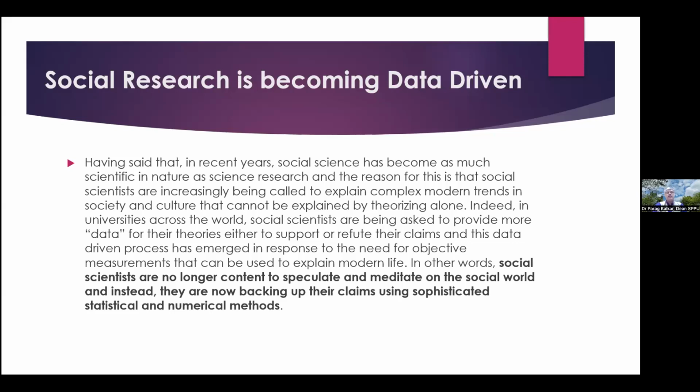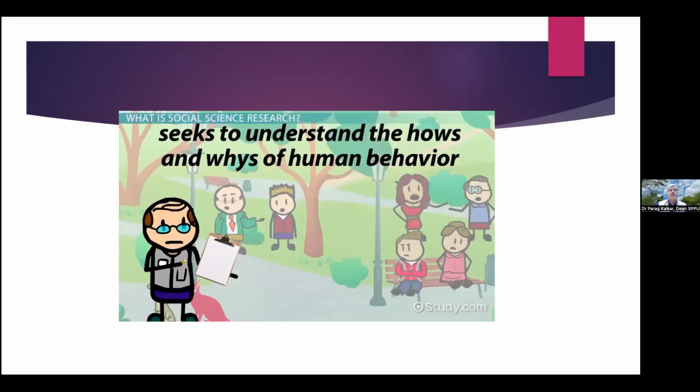In other words, social scientists are no longer content to speculate and meditate on the social world; instead, they are now backing up their claims using sophisticated statistics and numerical methods. So it's more of a scientific tool being used.